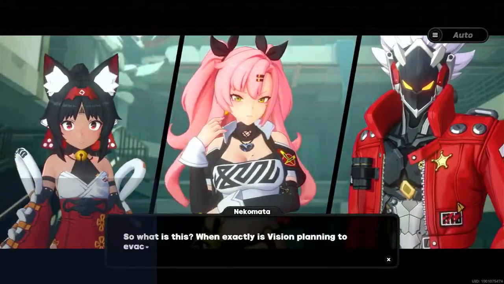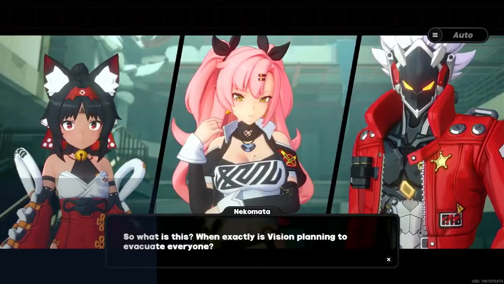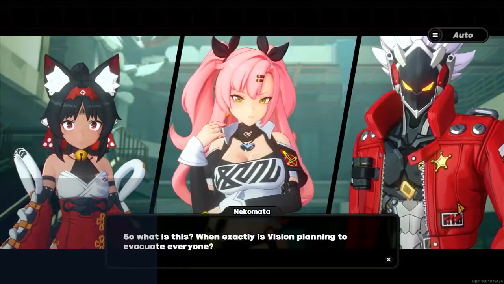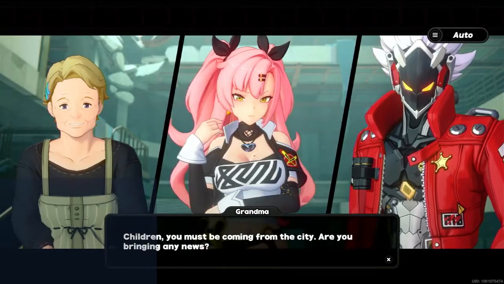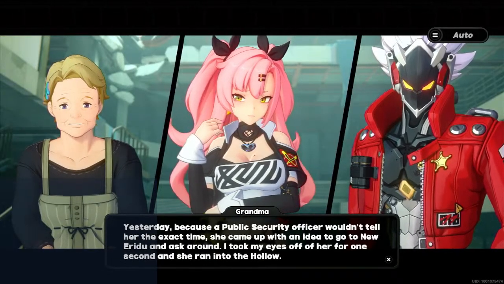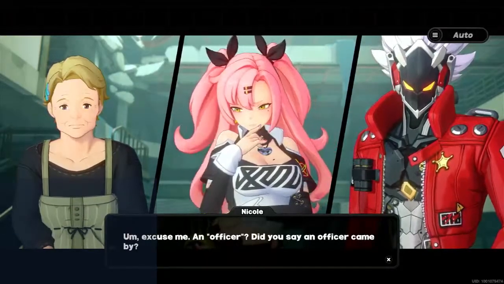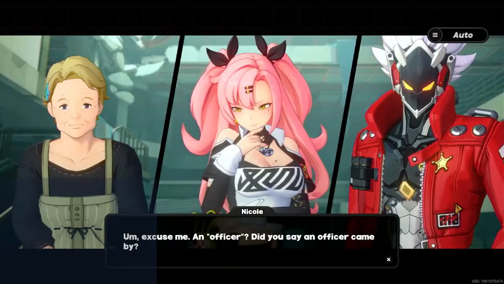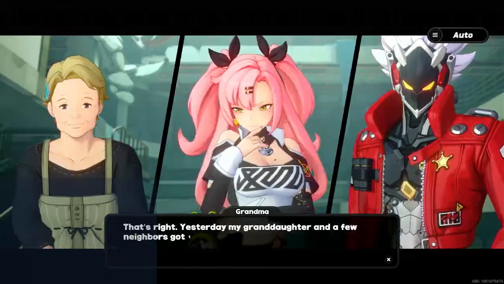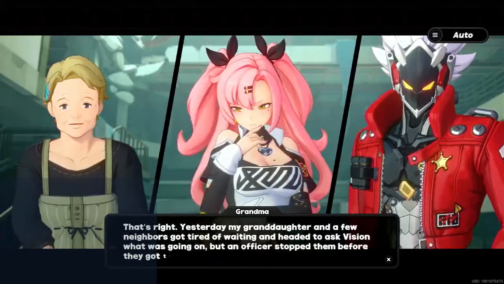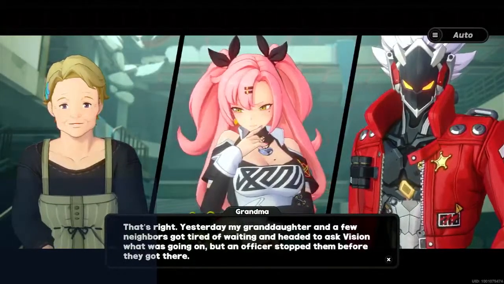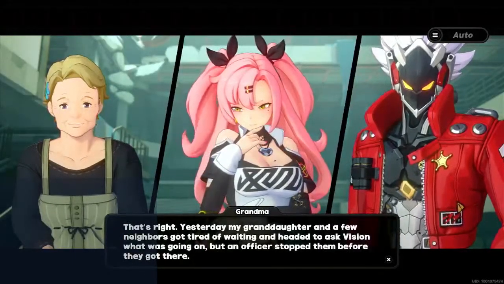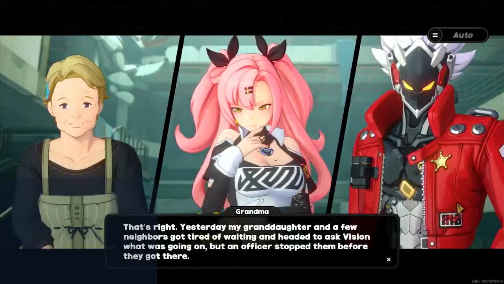Yeah, so what is this? When exactly is Vision planning to evacuate everyone? Children, you must be coming from the city. Got off of her for 1 second and she... An officer? Did you say an officer came by? Yes, that's right. Yesterday, my granddaughter and a few neighbors got tired of waiting and headed to ask Vision what was going on. But an officer stopped them before they got there.